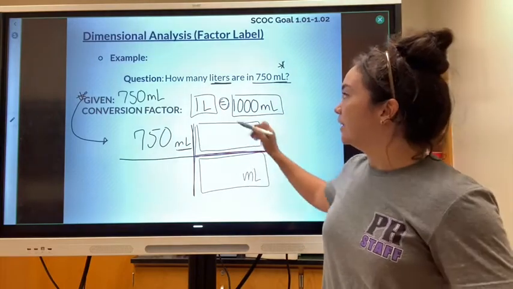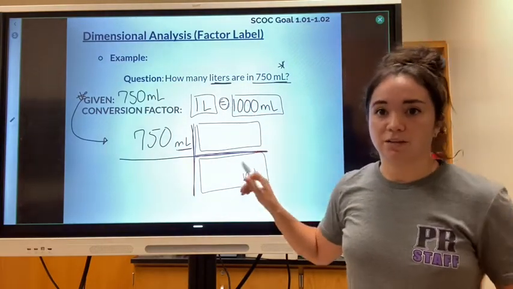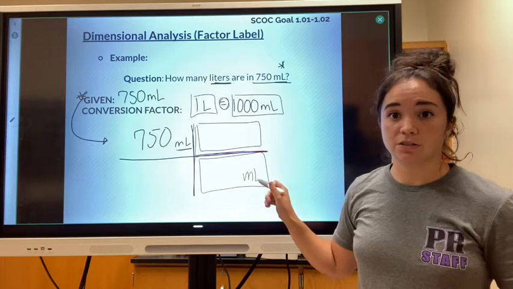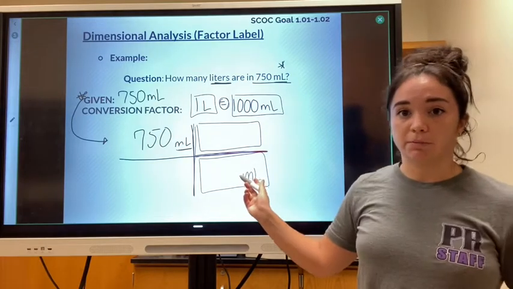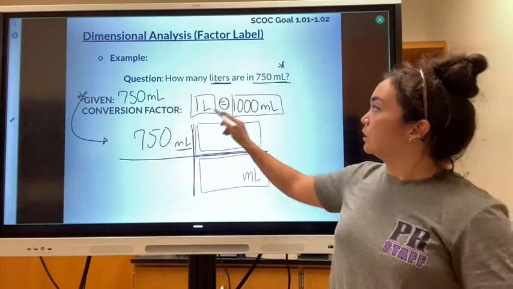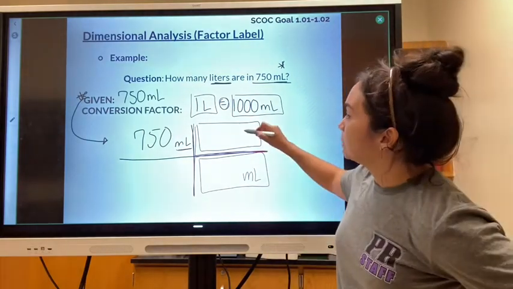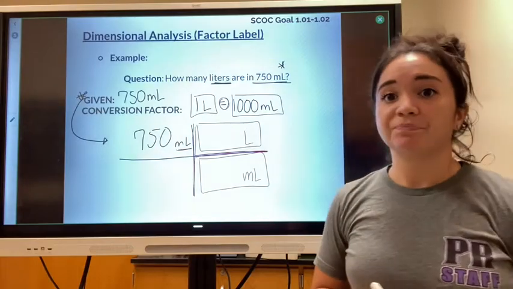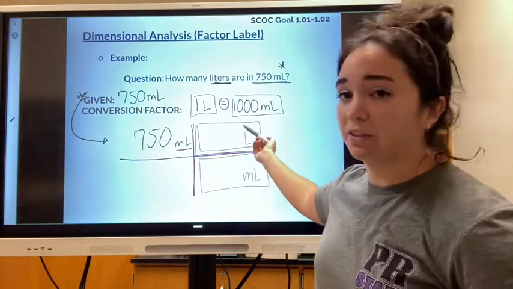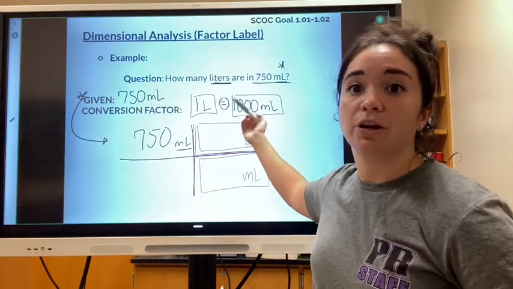Before we fill in any numbers for our conversion factor, we always want to fill in our units first. If milliliters are going to be on the bottom, that means whatever other unit we have in our conversion factor is going to go on the top. So my liters are going to go on the top. Now I have my units filled in, and I just have to fill in the numbers to go with them.